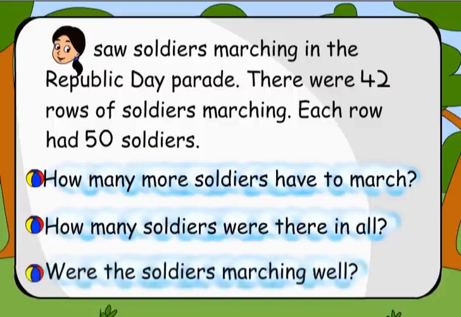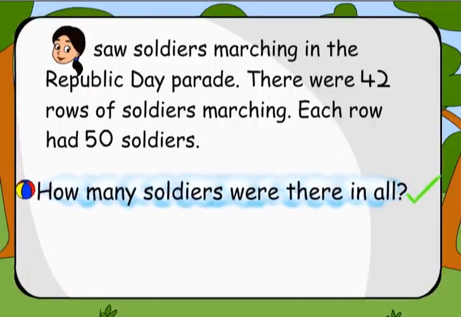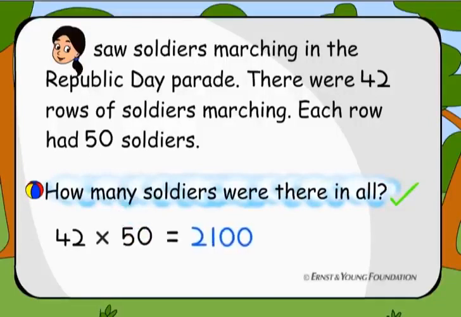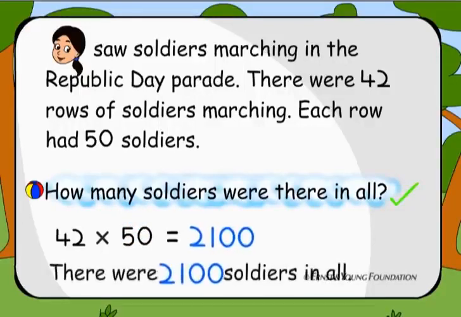Or were the soldiers marching well? How many soldiers were there in all? 42 into 50 is equal to 2100. There were 2100 soldiers in all.